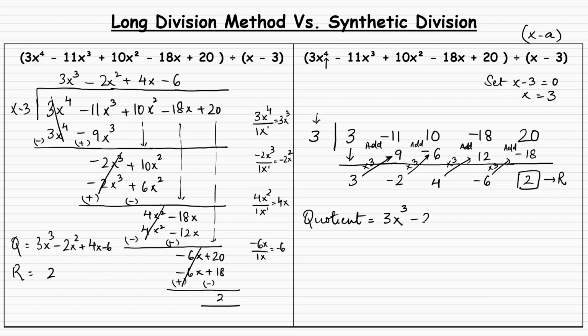Minus 2x square plus 4x minus 6. This is my quotient, and my remainder is 2. Look, the quotient and the remainder are exactly the same.